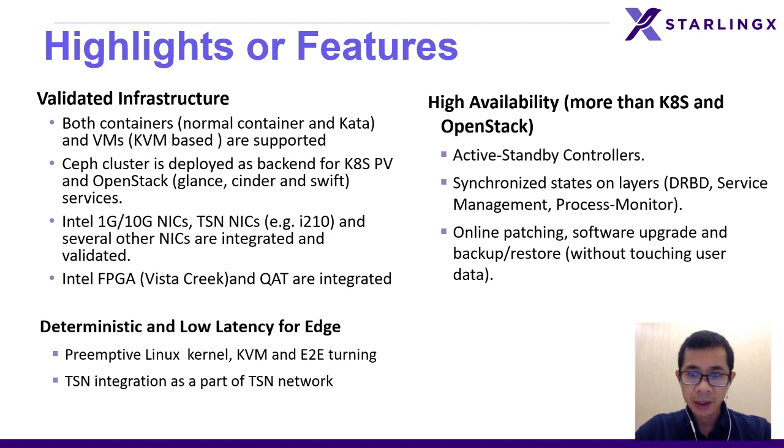Moreover, StarlingX has high availability, for both Kubernetes and OpenStack, thanks to features like active-standby controllers, states synchronized by multiple layers like DRBD, service management, and process monitoring, and a few other features such as online patch, software upgrade, and backup and restore. All these make StarlingX a more reliable, scalable, and highly available infrastructure solution.